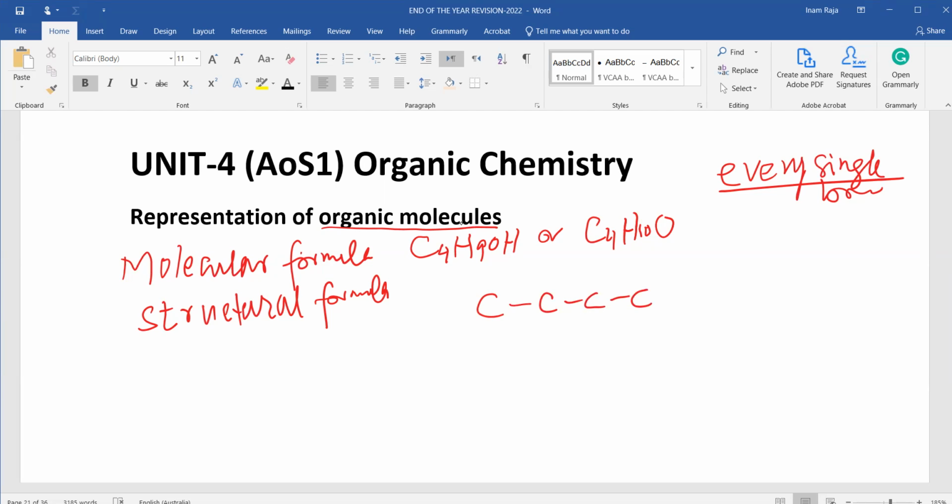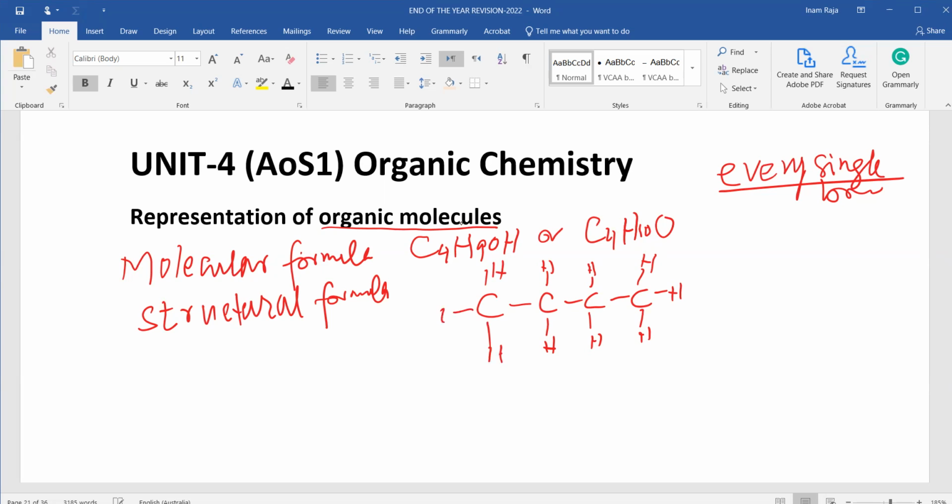And then, of course, each carbon can have hydrogens; let's say terminal carbons can have 3 hydrogens. Because here they have not mentioned whether it is butan-1-ol or butan-2-ol, it doesn't matter at this stage. I'm just giving you an example.